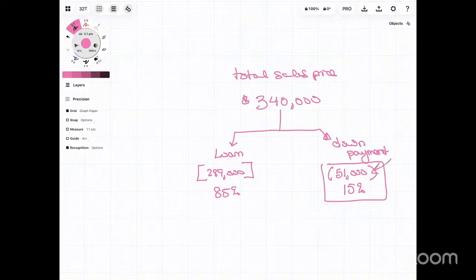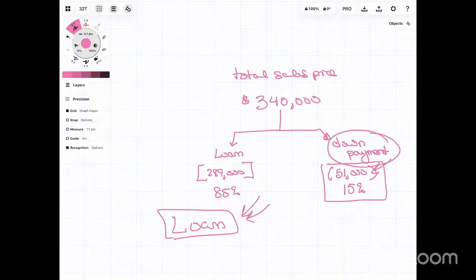The 51,000 has to do with the down payment, and this is a loan to value, not a down payment to value. Easy, easy mistake to make. Or if you had used the 345, that would have been wrong too. All right, that's why we do these here. We do these math problems now so you make the mistakes with me and not on your exam.